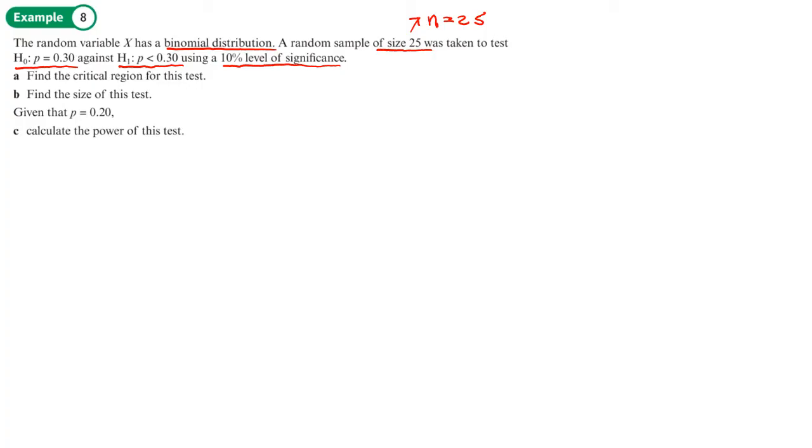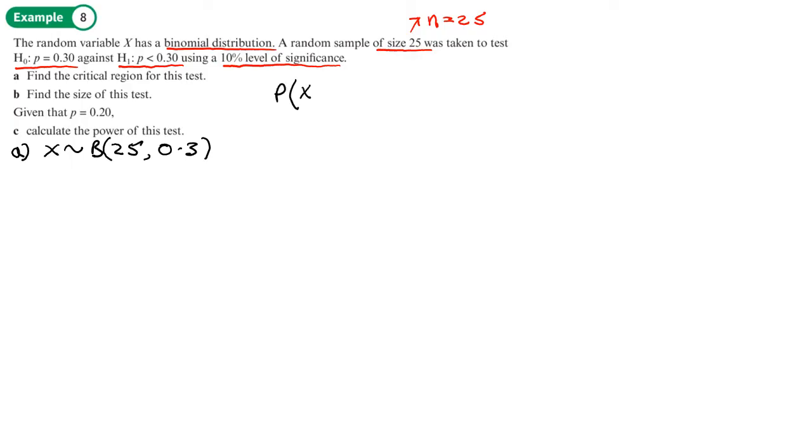I want to find the critical region for this test. So X is a binomial distribution with 25 for my sample size and 0.30 as the probability of success. This is going to be one where I use the tables to find the critical region.